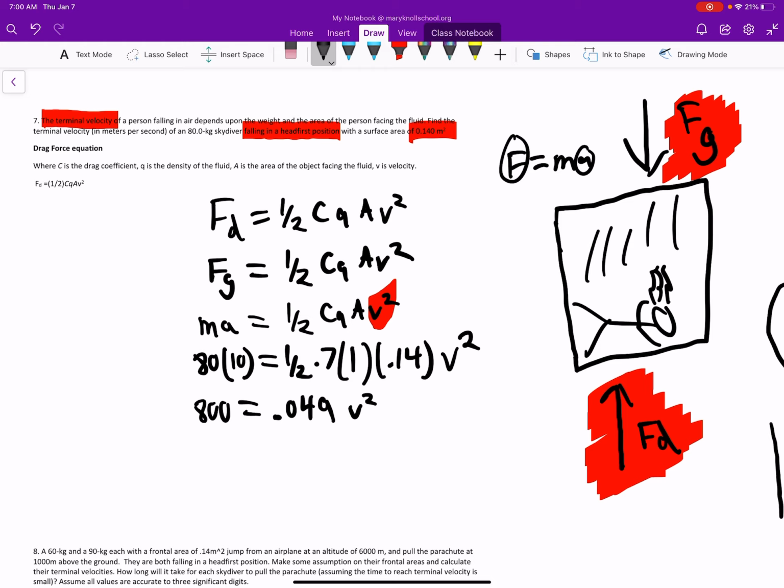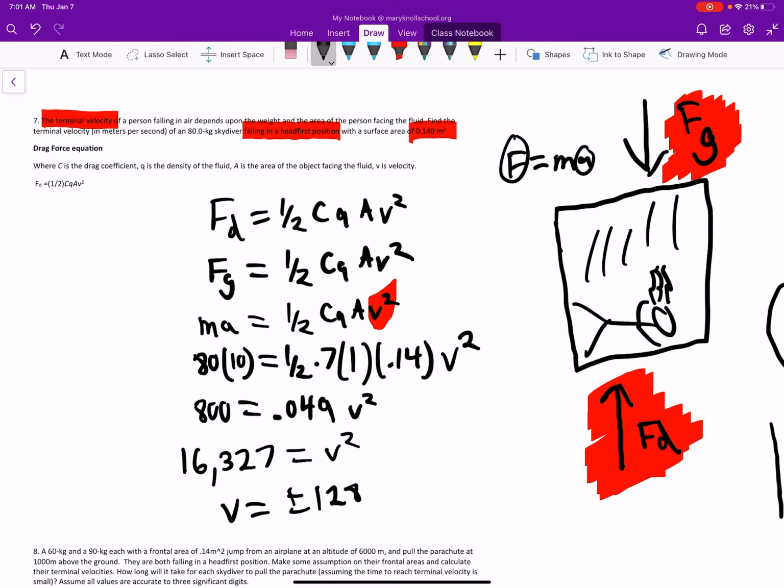I'm going to divide both sides by 0.049, and I get 16,327 equals v squared. I'm going to take the square root of both sides, and I get plus and minus 128.